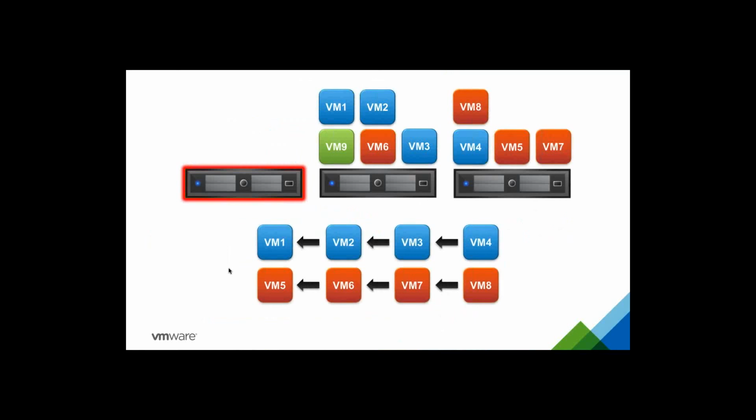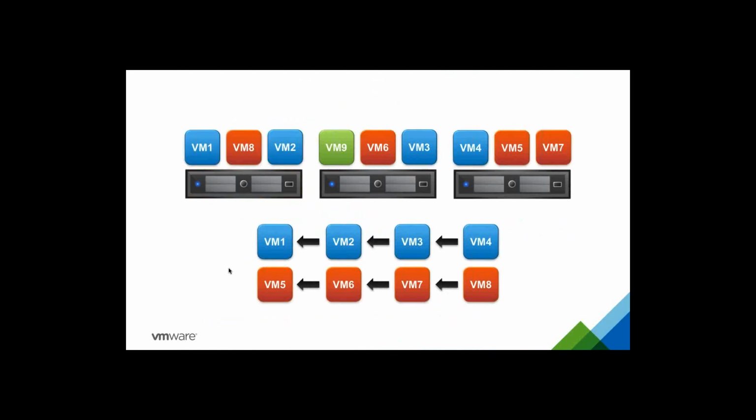So if VM1 has started and everything is successful, VM2 is going to wait, and then it's going to restart after VM1 has finished. We reset that same example, and then we have the third host that fails.